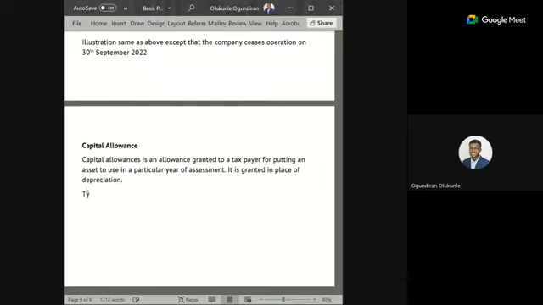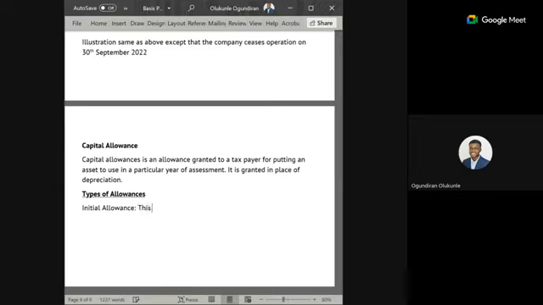All right. So let's look at types of allowances, because there are many types of allowances. And the beautiful thing is an asset can enjoy 2-3 allowances, depending. The first one is your initial allowance.